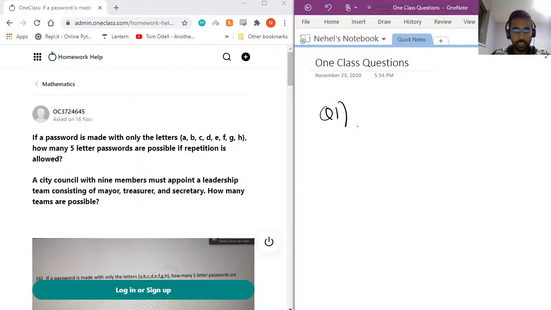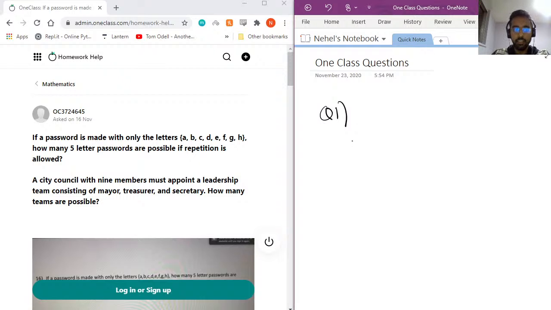And we've been asked how many 5-letter passwords we can create from these, and repetition is allowed. What repetition is allowed means is that I can use the alphabet A multiple times. So one of the 5-letter passwords could be AAAAA, so 5 times A.